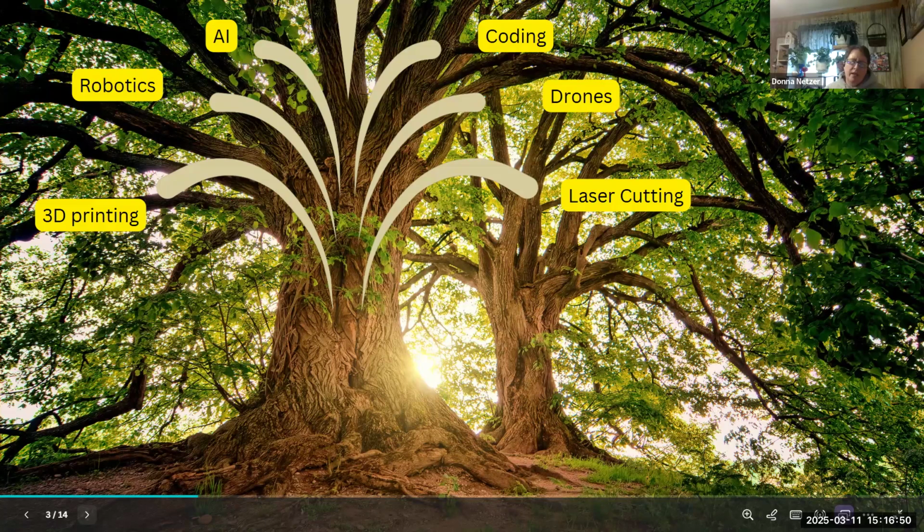When someone says you need to have more tech in your room, you think, oh my goodness, I don't even know how to 3D print or how to teach coding. It can really be an obstacle because it seems unreachable and there's so much work to get there. But this whole presentation is about there's more to it than that.